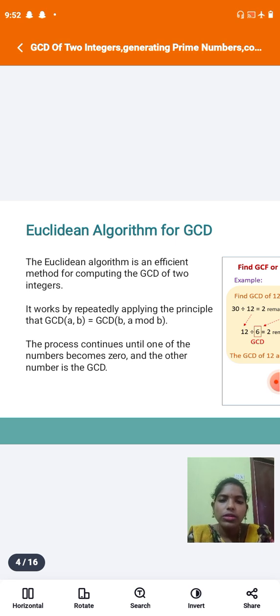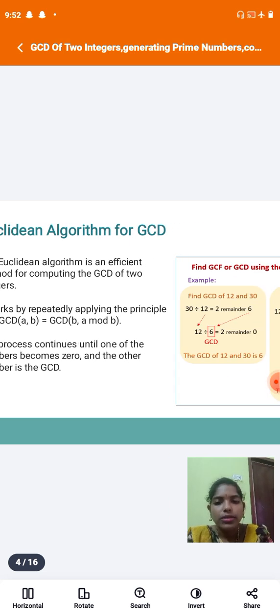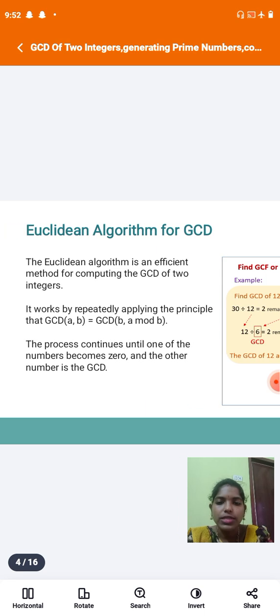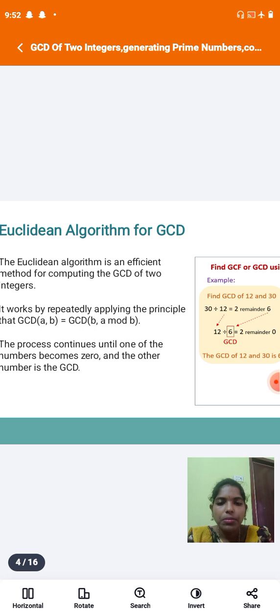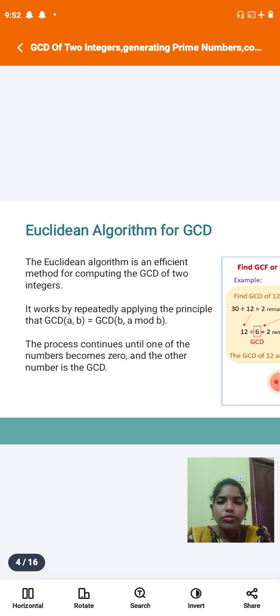The Euclidean algorithm is an effective method for computing the GCD of two integers. It is the most popular algorithm used for the GCD of two integers. It works by repeatedly applying the principle that GCD(a, b) equals GCD(b, a mod b). We apply this repeatedly to find the accurate solution.